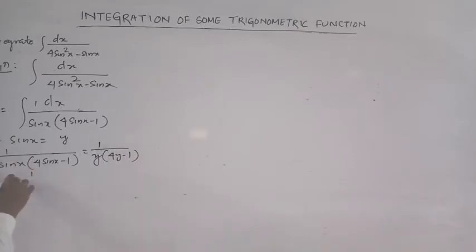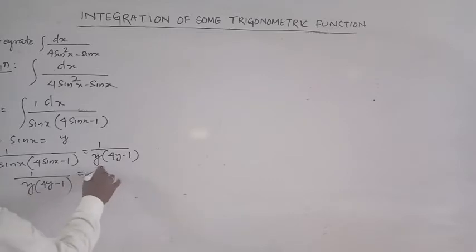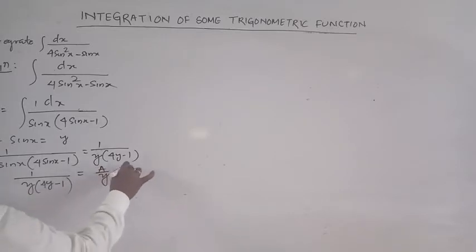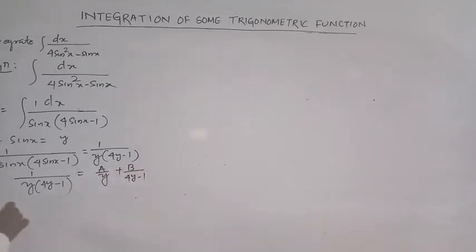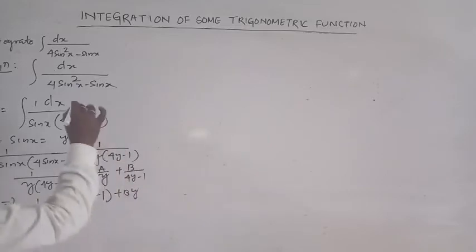So let 1 by y into 4y minus 1 be equal to a by y plus b by 4y minus 1. As per the partial fraction method, we can write 1 is equal to a into 4y minus 1 plus b y, correct?